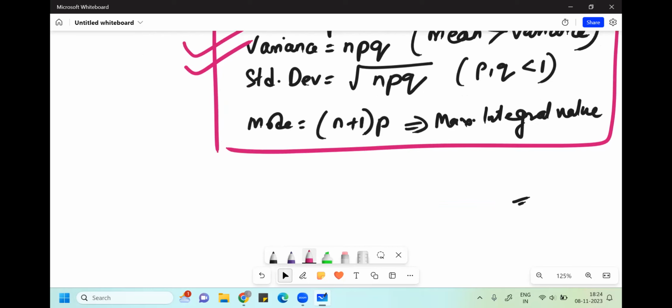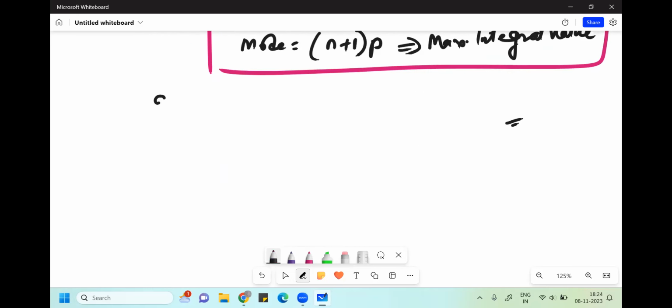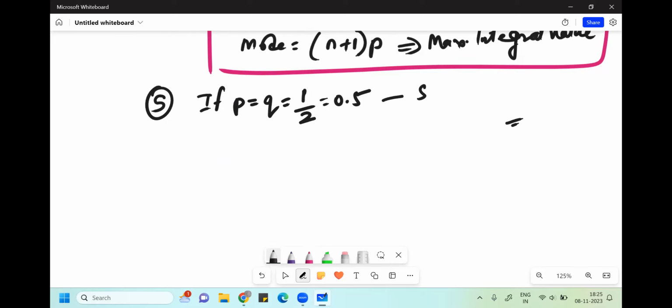Going further, if I talk about binomial distribution, you have to remember that if your probability of success or probability of failure is 1 by 2 or 0.5, then you will get the maximum variance. At that time your distribution will be symmetrical in nature.